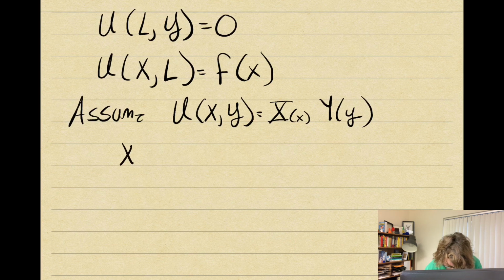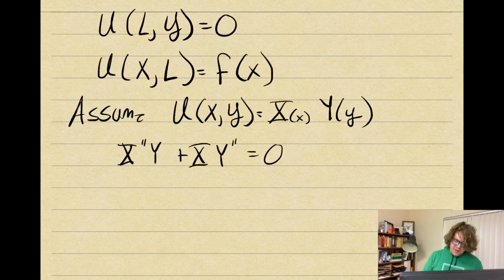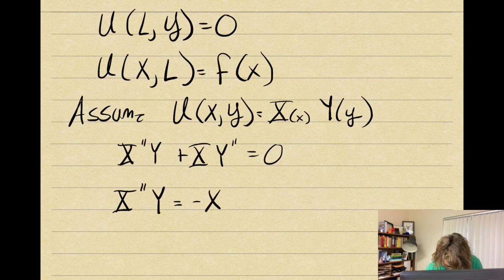So here we'll have X double prime Y plus X Y double prime equals 0. Here we can go ahead and separate our variables. So we'll be left with X double prime Y equals negative X Y double prime.